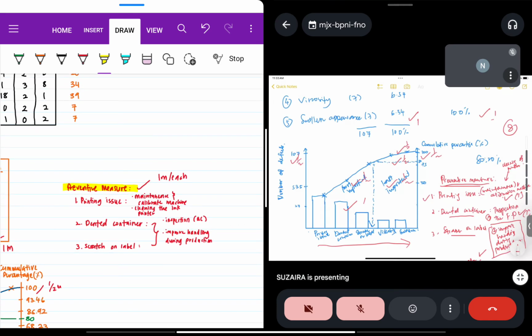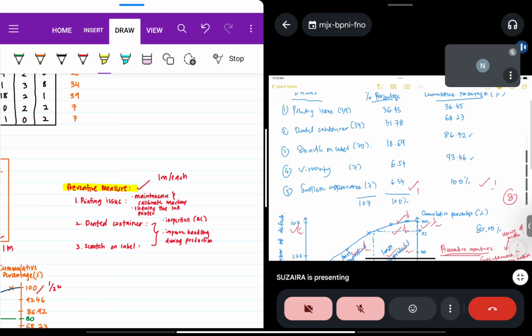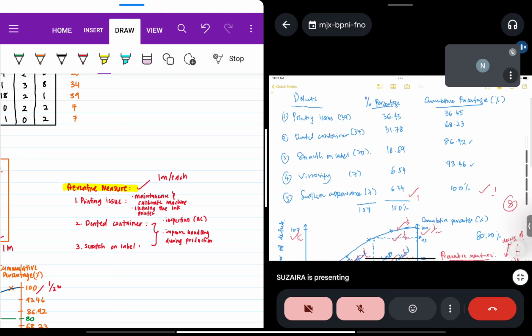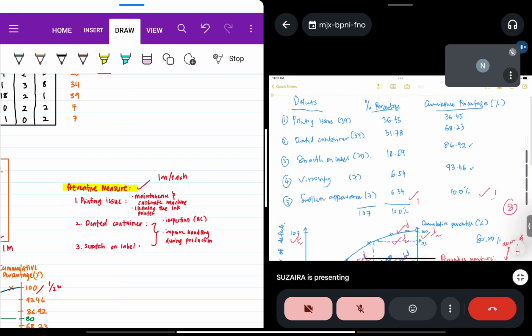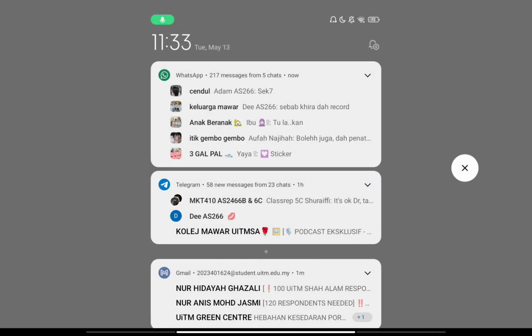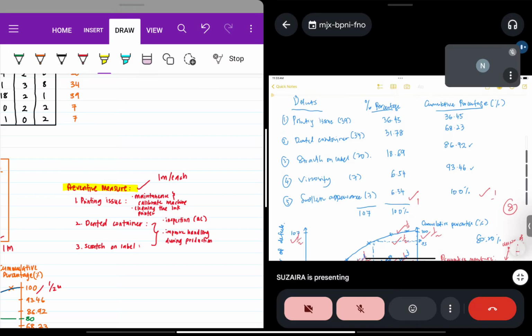Clear? If you receive these kinds of questions, make sure you calculate them well, because a wrong answer for the percentage and the cumulative percentage will affect the rest. I'm sure you can calculate directly, but some students might calculate the cumulative percentage wrongly.